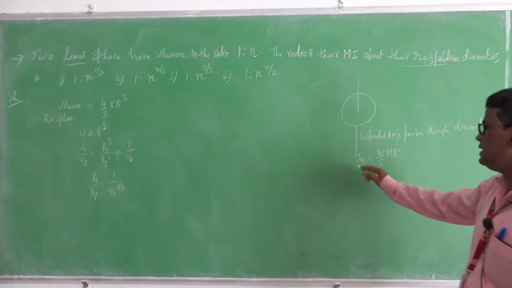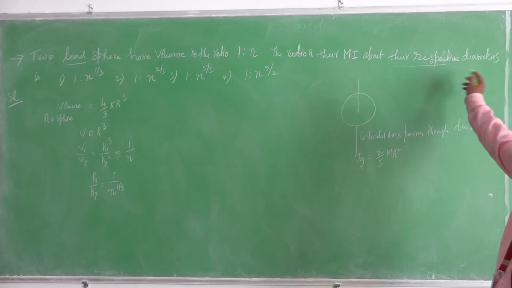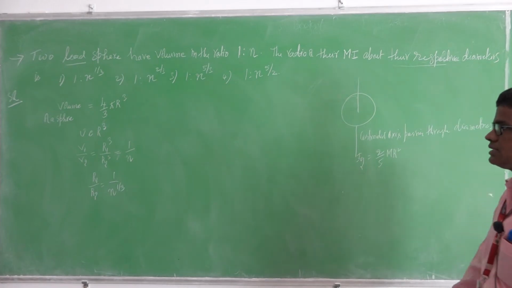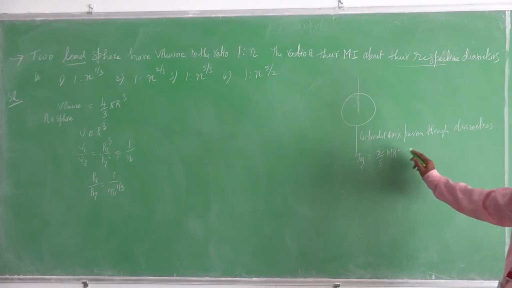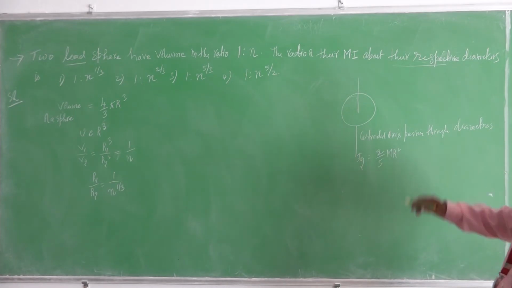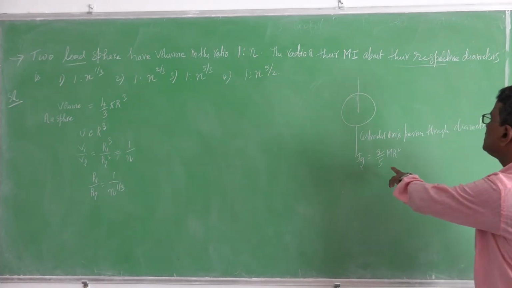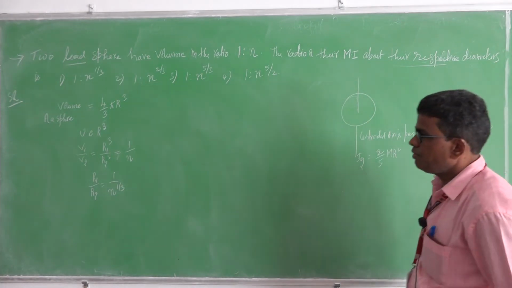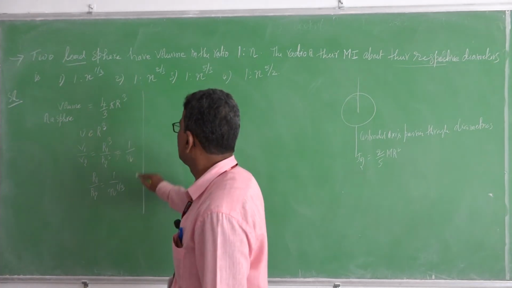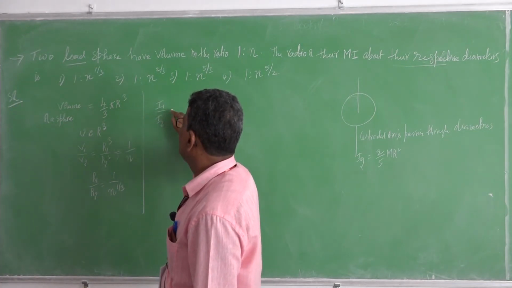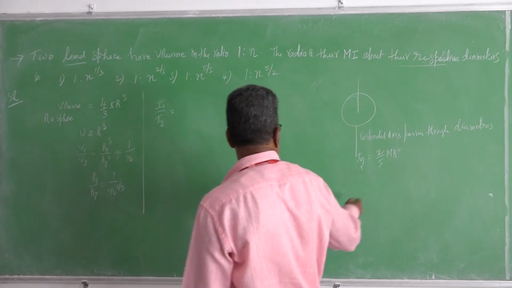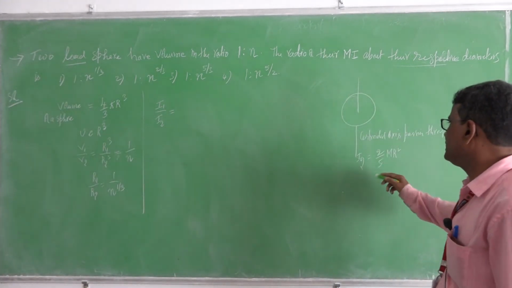So I_D is equal to 2 by 5 m r square. Now the ratio of moment of inertias: I1 by I2, the 2 by 5 cancels.